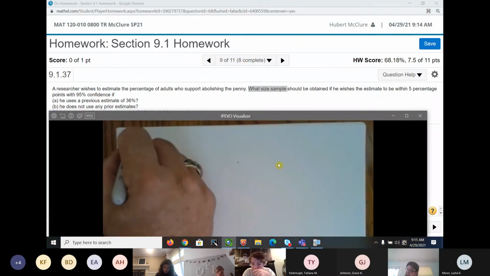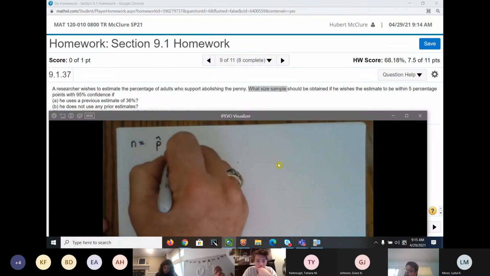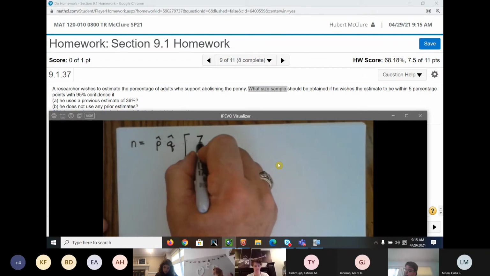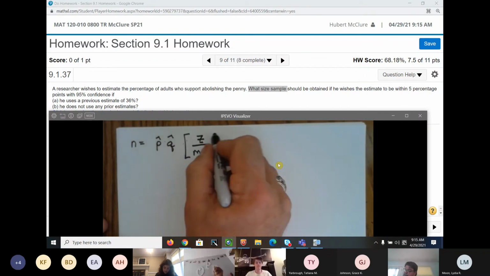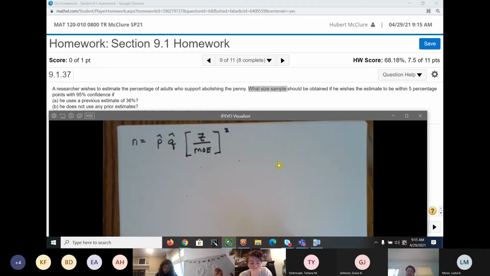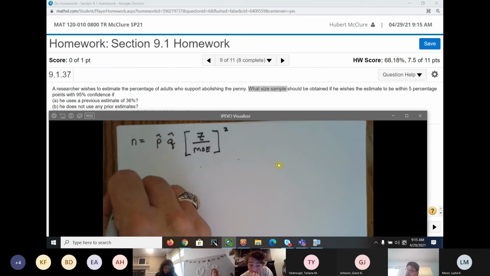So the N is equal to P hat times Q hat times Z score over margin of error raised to the second power. I keep writing that for a reason. It's not for me, but I'll just leave it at that. All right. We've got margin of error given.